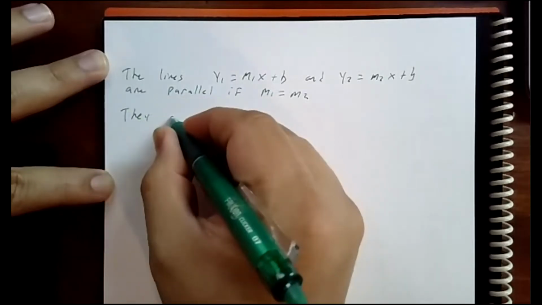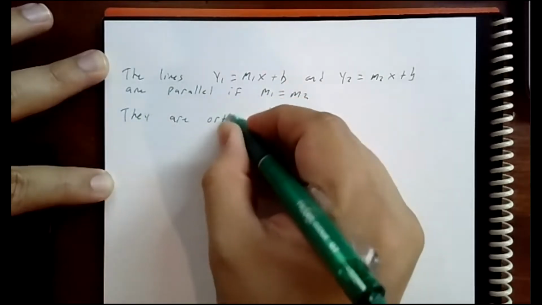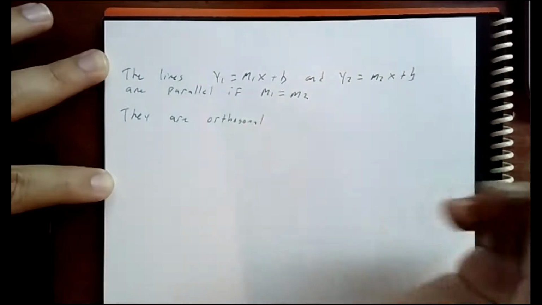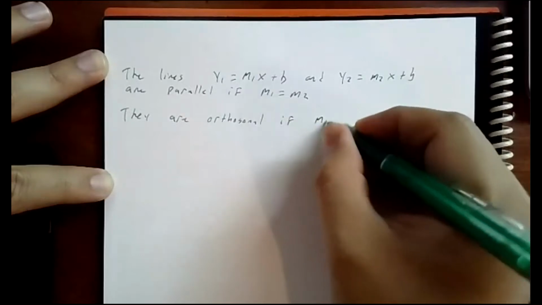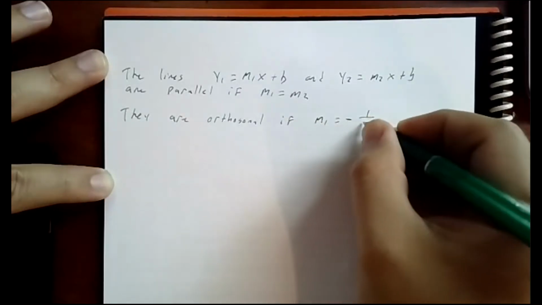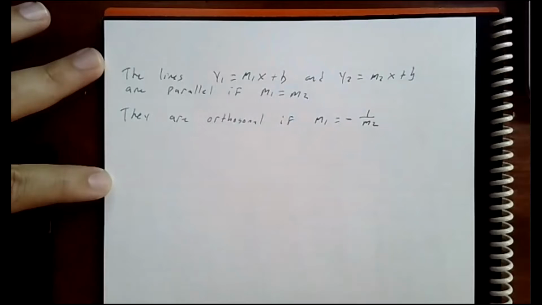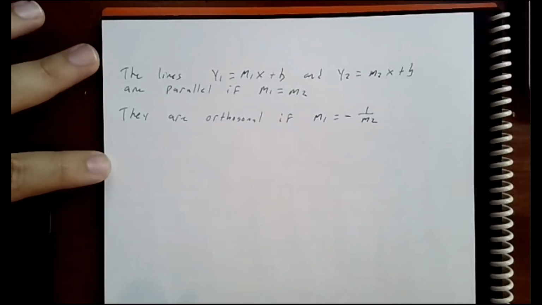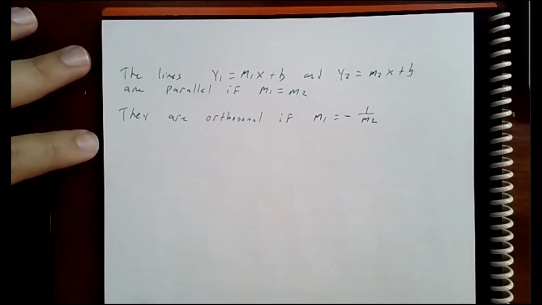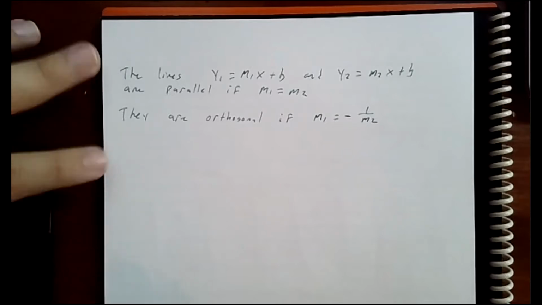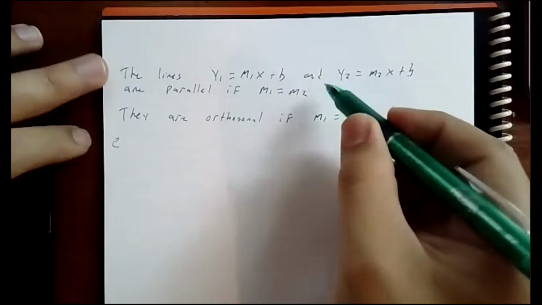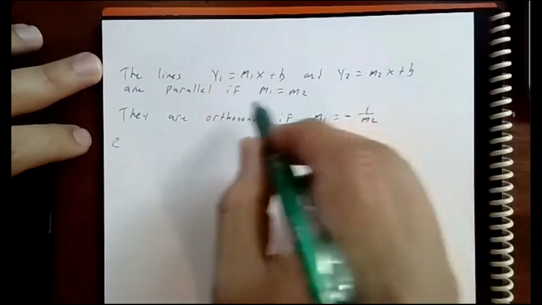They are orthogonal, or perpendicular, whatever you prefer, if m1 is equal to the negative reciprocal of m2. Okay, so this part needs to make sense before we start the question, or you have to remember at least this fact: for parallel, the slopes must be the same.